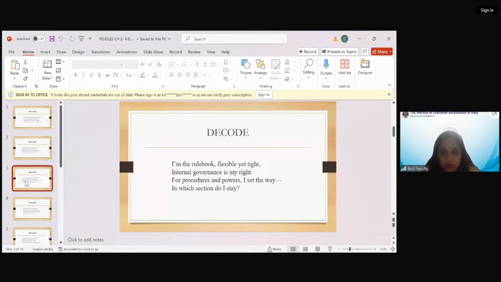I am the rule book, flexible yet tight. Now, in the earlier riddle, we talked about the external, like the broad framework. Internal governance is my right. For procedures and power, I set the way. For what? Procedures and powers. In which section do I stay?